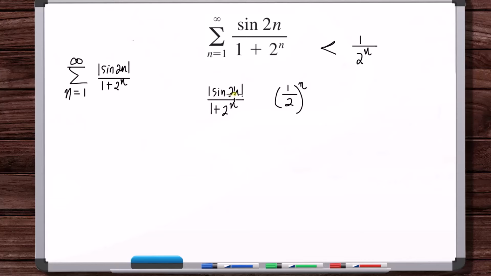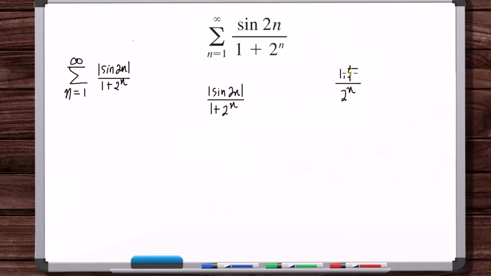Sine of 2n for integer n will never be 1. So this would be something between 0 and 1. I don't think it would ever be 0 either, because of the integer. But remember, we're really flexible when it comes to the comparison series. So we can say, let's just bring in 5 over 2 to the n. Well, no, we can't do that. Okay, we could do 3/2, yeah, 1.5 over 2 to the n.